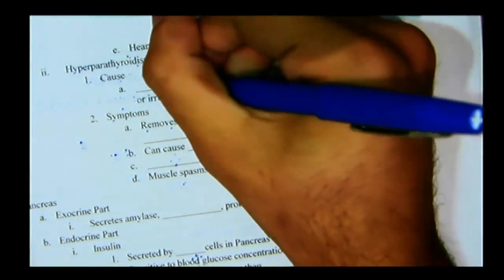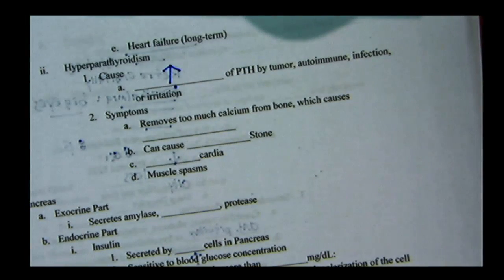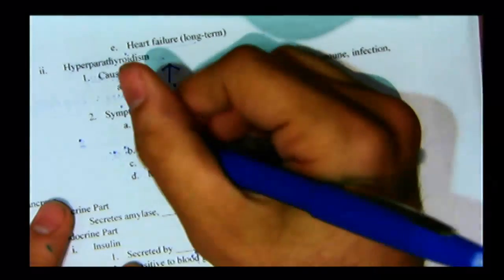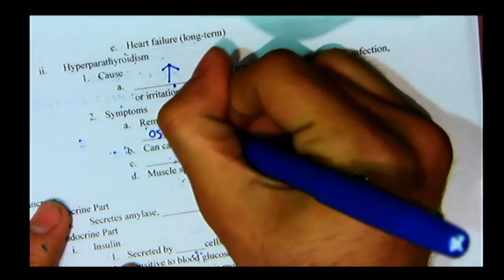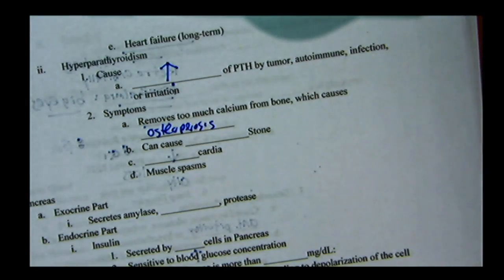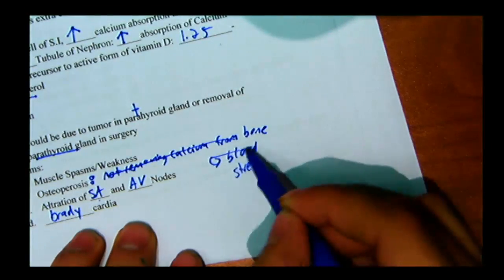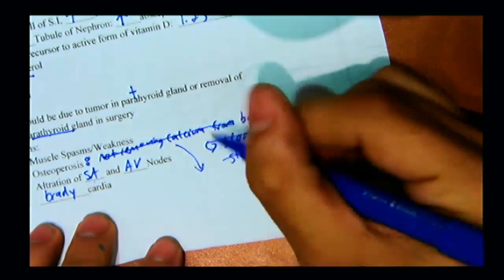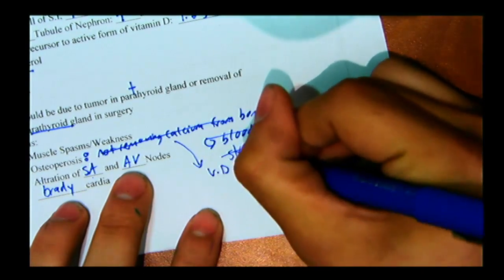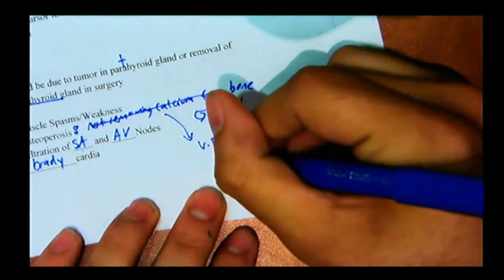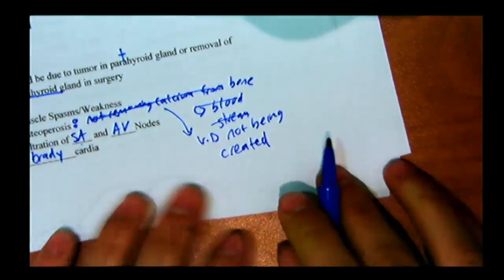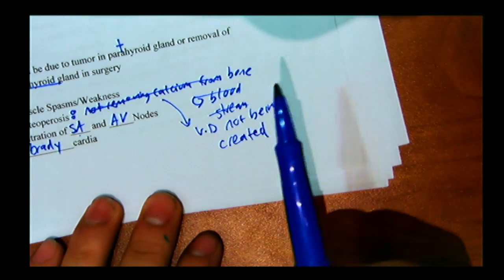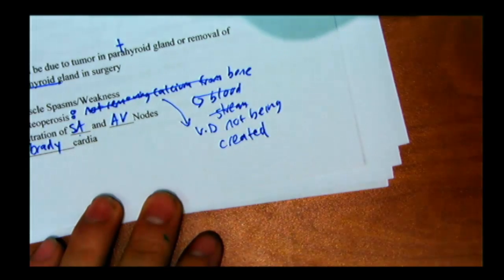The osteoporosis here is caused by vitamin D not being created, since the parathyroid hormone is responsible for the conversion into the active form of vitamin D. Does anyone remember what the active form of vitamin D does with calcium? Yeah. So it helps with calcium absorption. So if you don't have that vitamin D, you have a low amount of calcium in the bone, which causes osteoporosis. Is that clear? Sorry, I forgot about that.